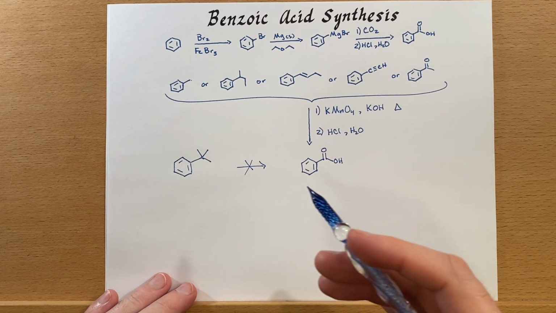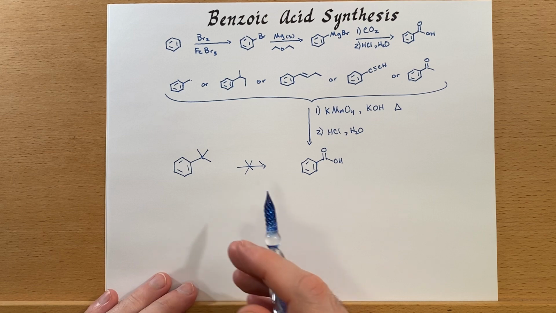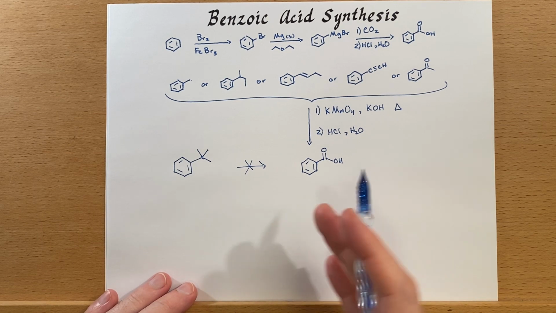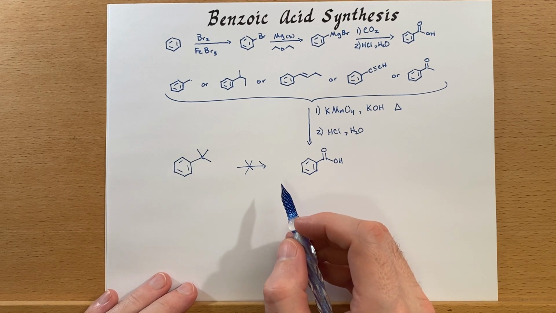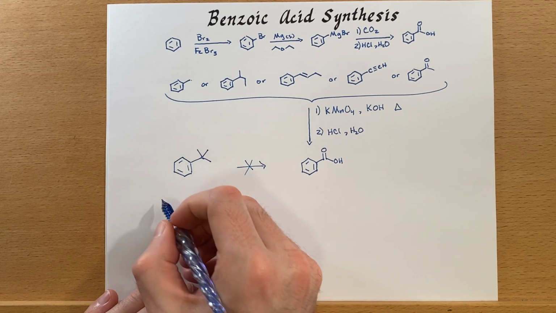Now, the process for this and why it generates benzoic acid specifically is that it uses a radical mechanism.